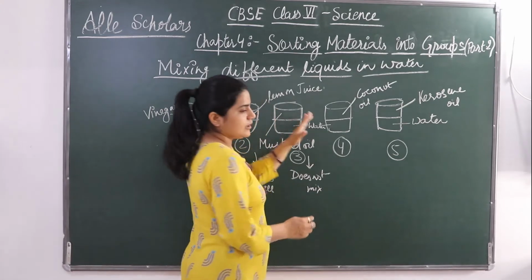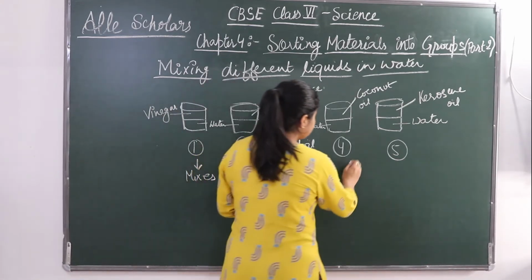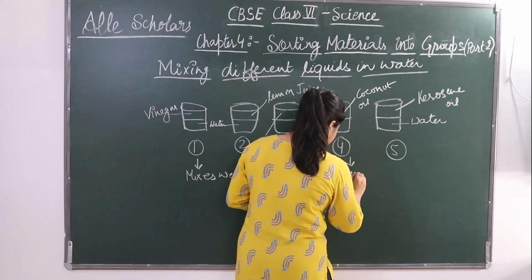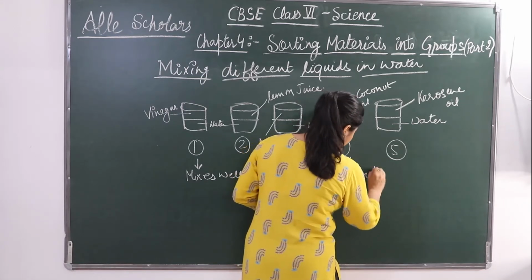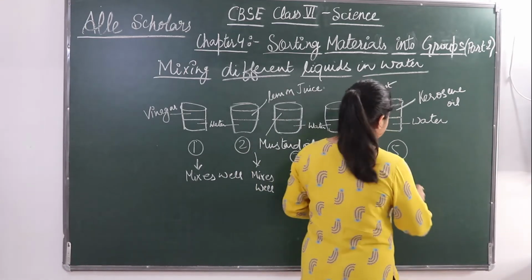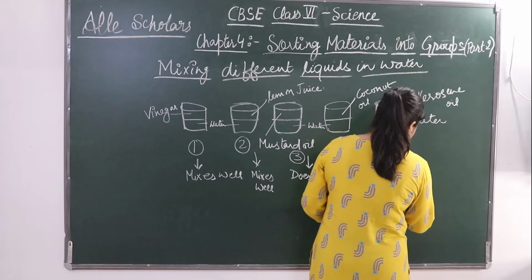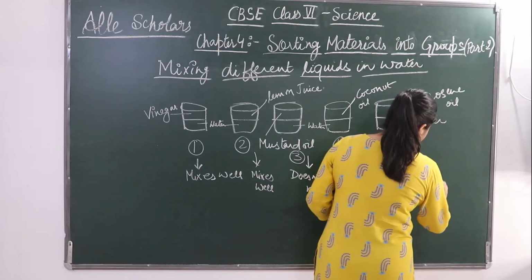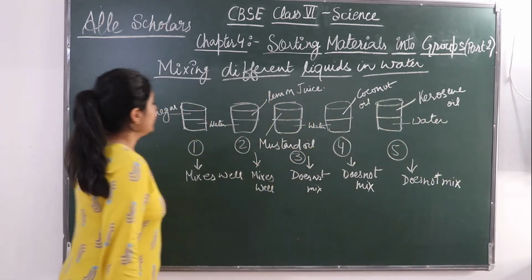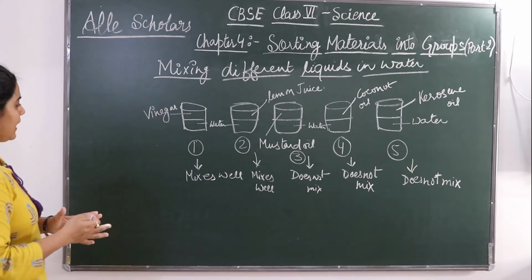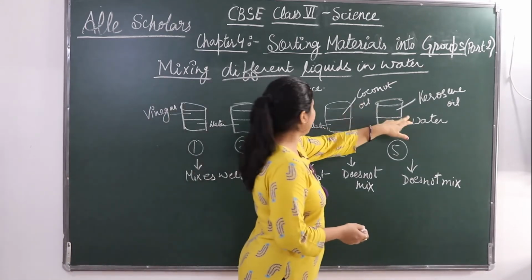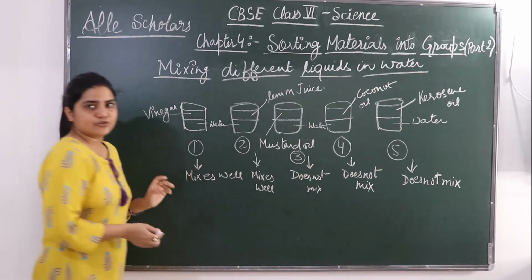Okay, same with the coconut oil. It does not mix. Kerosene oil does not mix. So we have seen that vinegar mixes, lemon juice mixes, and coconut oil, kerosene and mustard oil do not mix.